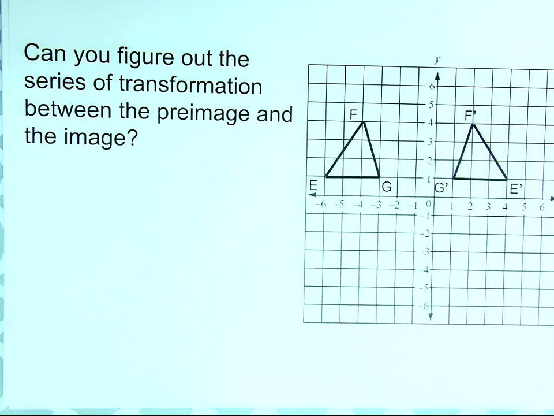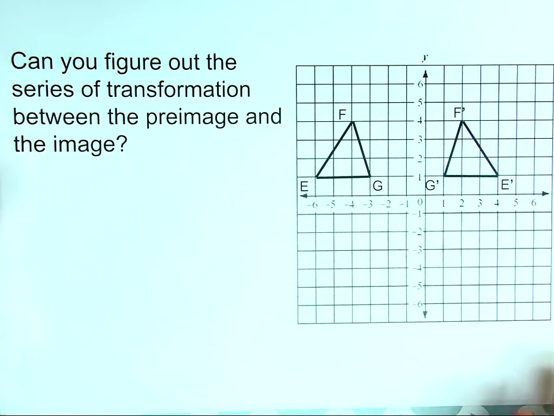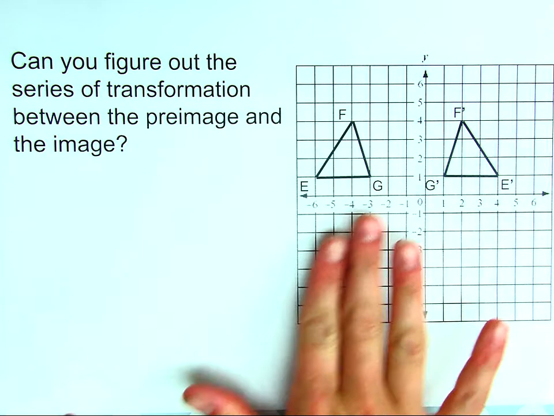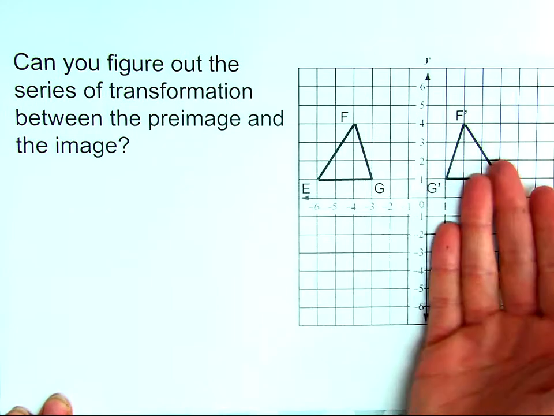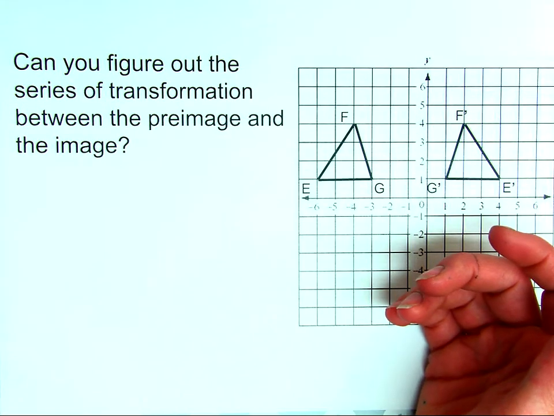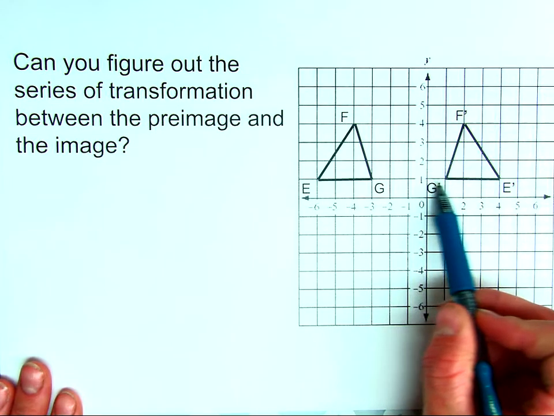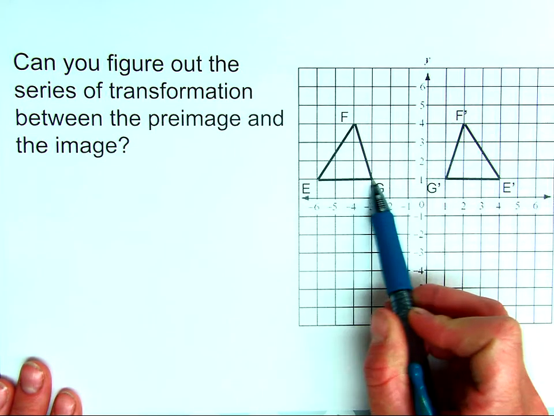So, like I said towards the beginning of the video, we are going to now try to figure out the series. If I'm looking at this, I can at least tell by my labels that it's flipped. So I know I at least have to have a reflection in here. But when I look at this, my G and G prime are not the same distance away from this y-axis.